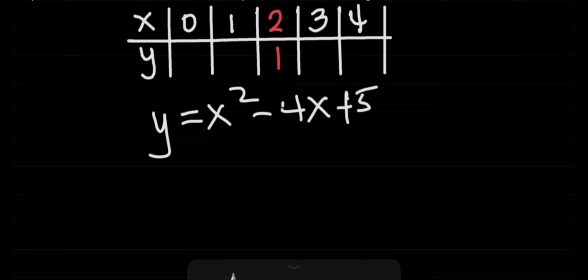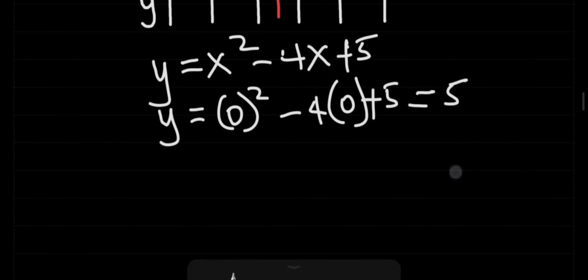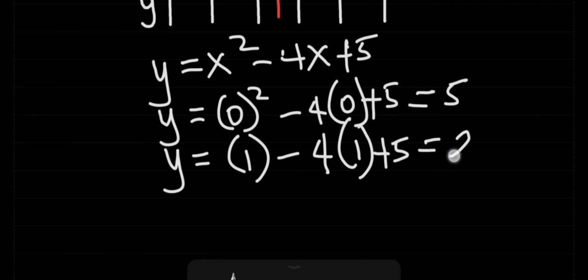Then we will use 0. This is 0 squared minus 4 times 0 plus 5, and the result is 5. And using 1, 1 squared minus 4 times 1 plus 5 equals 2.